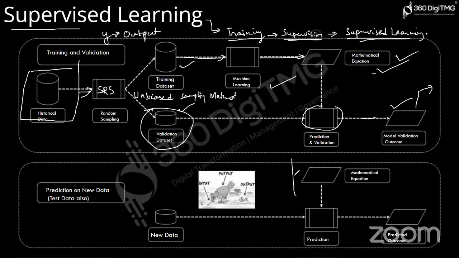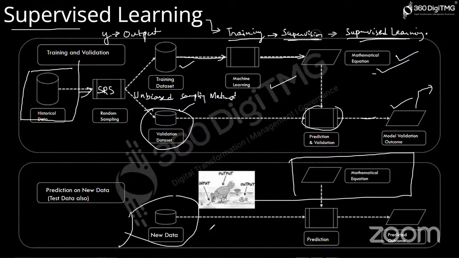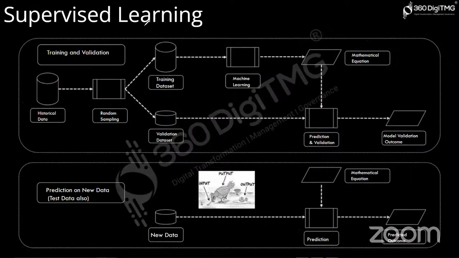That equation will be our solution, and using it on new data, we can predict the outcome. So this was supervised learning. This is the data mining step.